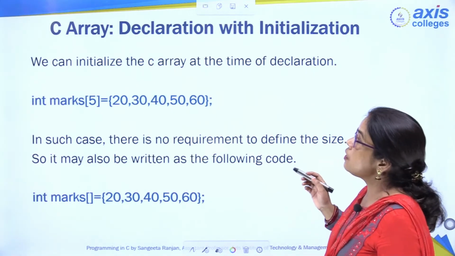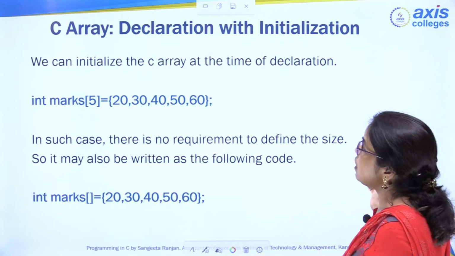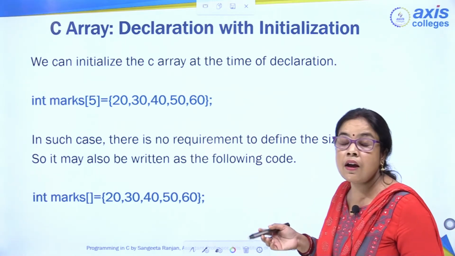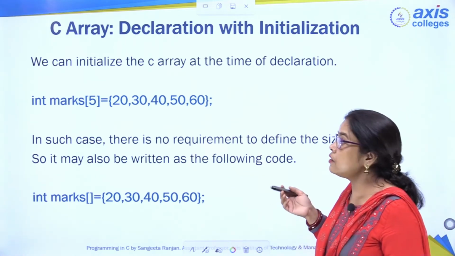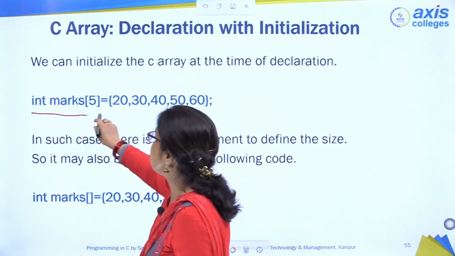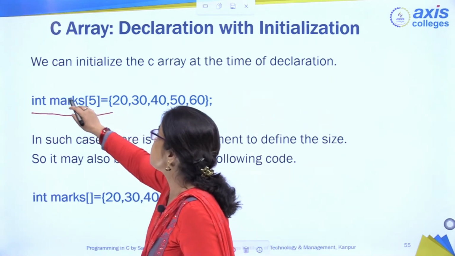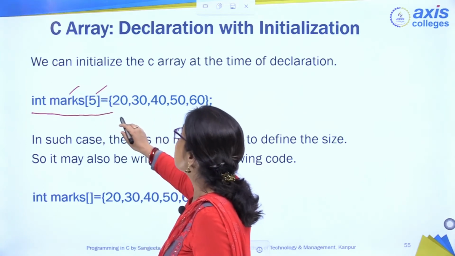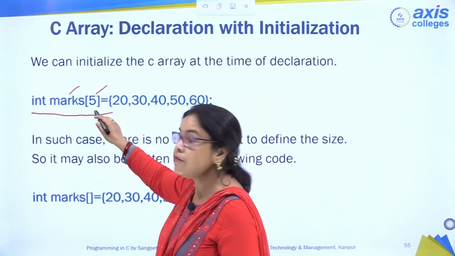Now, see array declaration with initialization. We can declare the array and initialize it at the time of declaration. Here we have declared the array int marks[5]. Marks is the array name, 5 is the size, and the values of marks are written here.